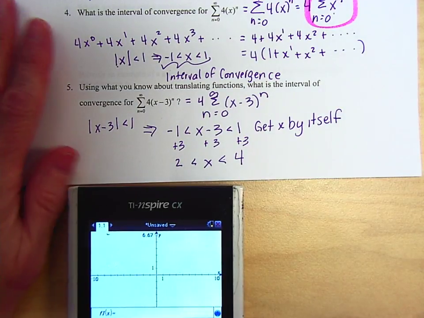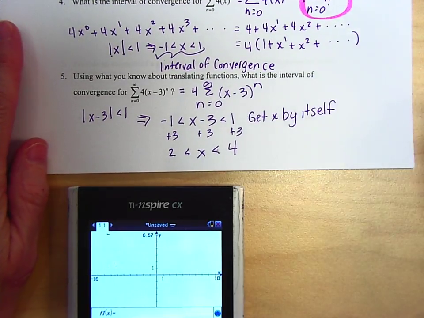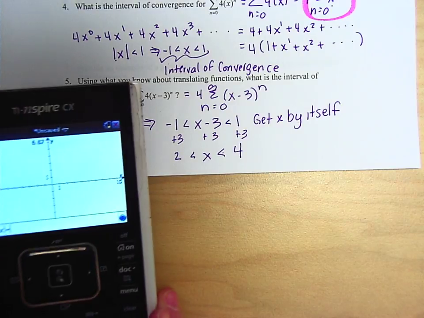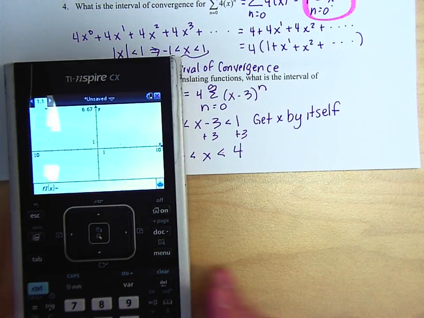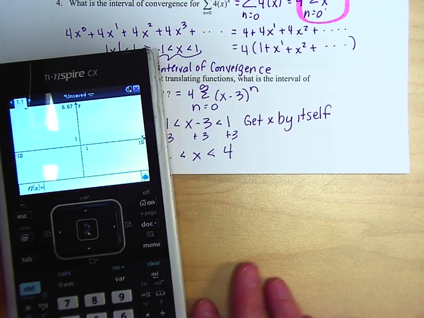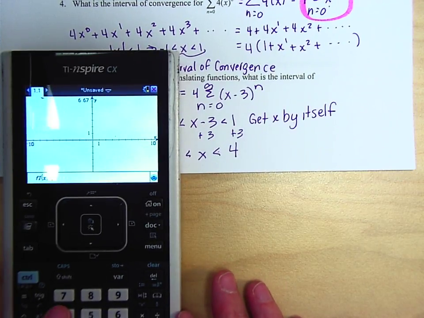Alright, so if we're going to put in question number 5 on our summary frame, the first thing I'm going to do is start writing out the power series term by term.